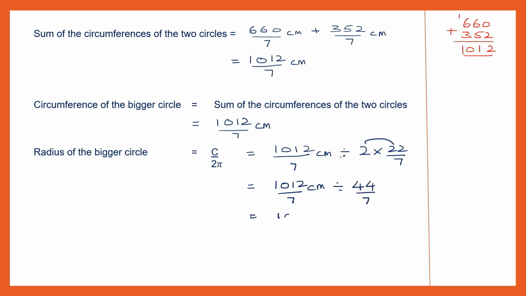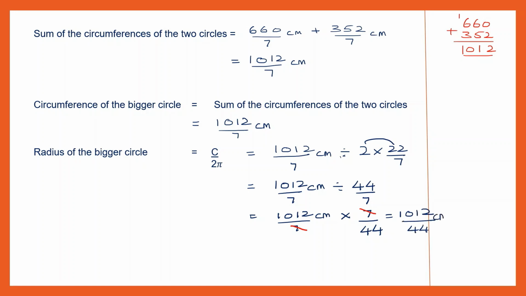Again, 1012 by 7 centimeters. Let's change the division to multiplication and 44 by 7 to its reciprocal, 7 by 44. Now let's see what we can cancel. We can cancel 7 and 7, and now what we have left is 1012 centimeters divided by 44.